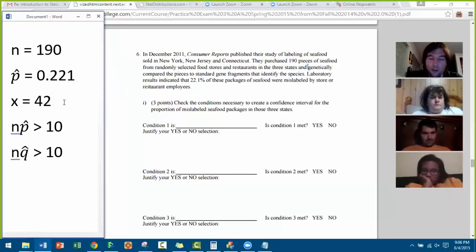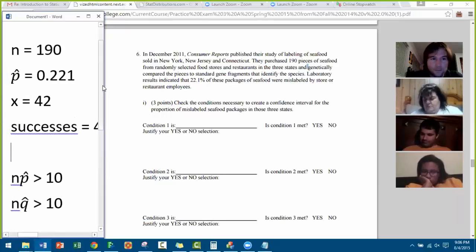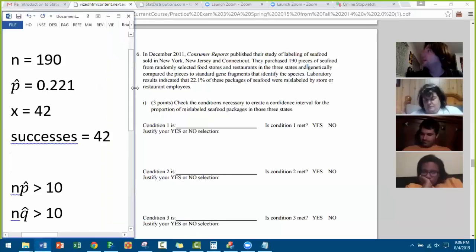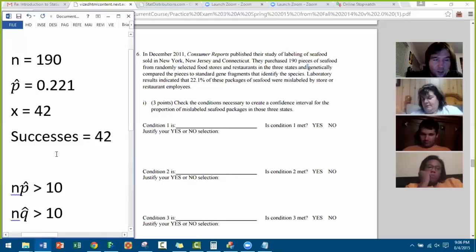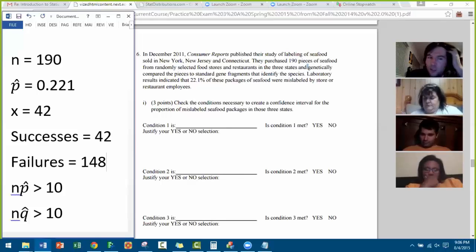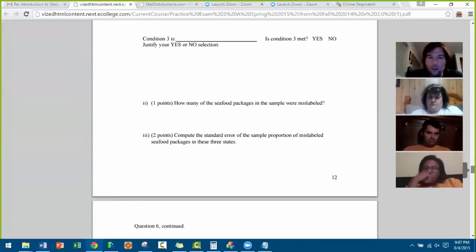Successes equals 42, and failures is going to equal 148. That's what this means here: the number of sample successes and the number of sample failures, because it's in a sample as p hat. So we meet the conditions. We are good. And that's how we would check the math.